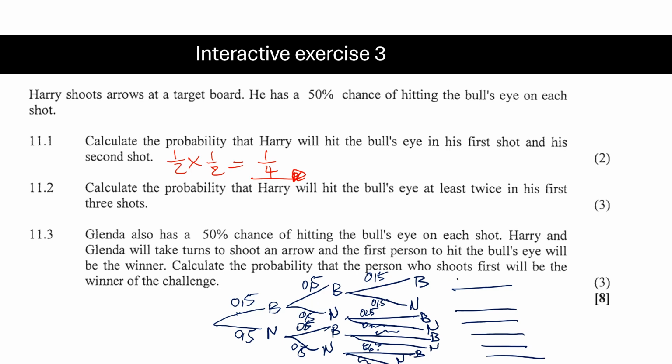So here I will have B, B, B. Maybe let me use a red color: B, B, B. Here I'll have B, B, and N. And I'll have B, N, and B. Then I think we are done with the first B branch.